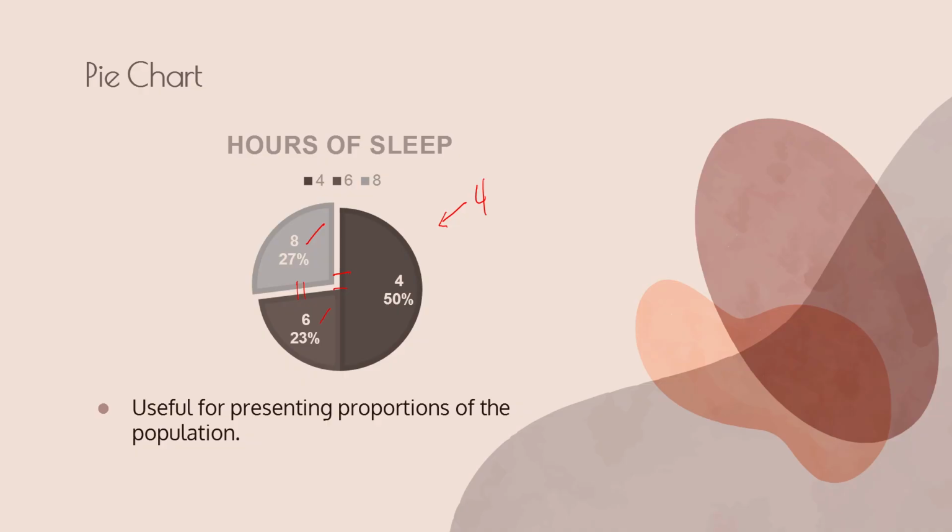So basically, what we can infer from this pie chart is that half of our population has 4 hours of sleep, while the other half has 8 or 6 hours. So we know at a glance the distribution of our respondents.